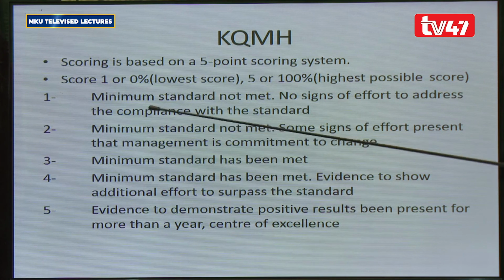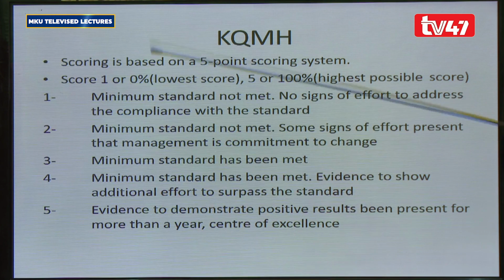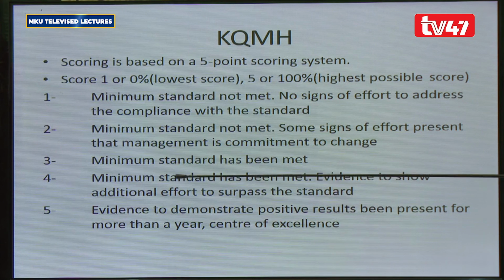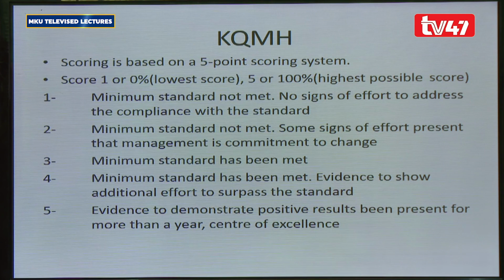We give 2 marks if you have not done anything, but there is something, a memo or something, which shows that you are thinking about doing something. Number 3 is that you have met the minimum standard. Number 4, you have exceeded the minimum standard. And number 5, you have exceeded the minimum standard and it has stayed at least for 1 year.